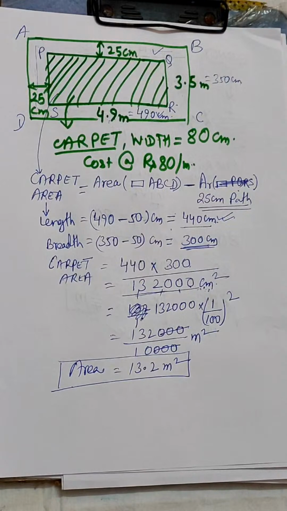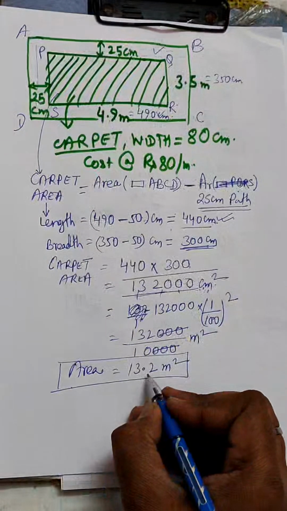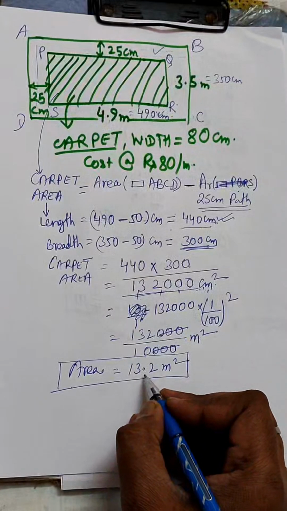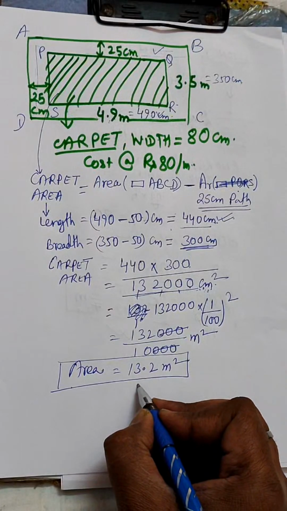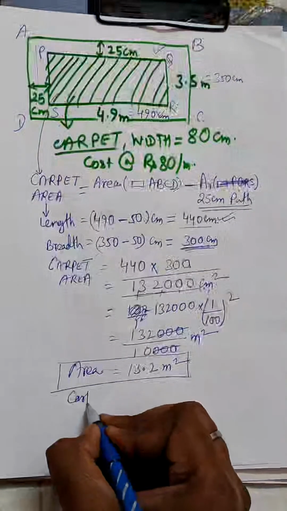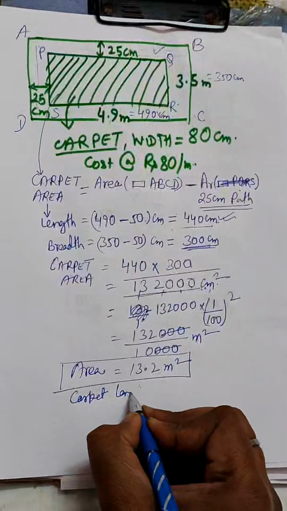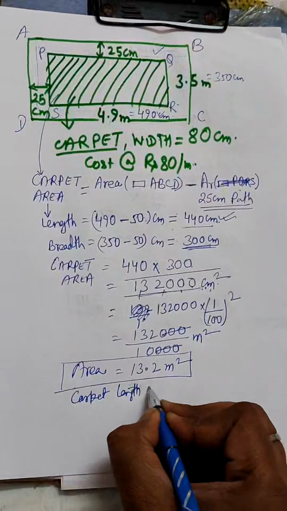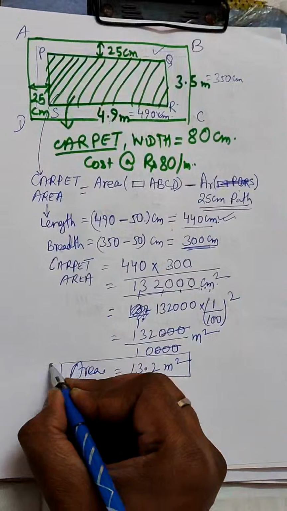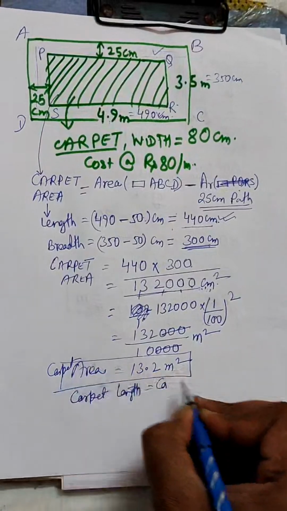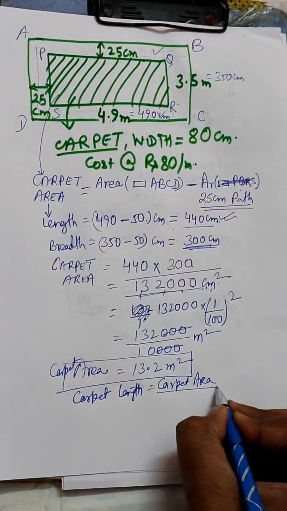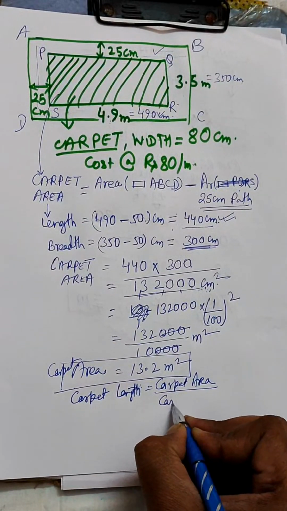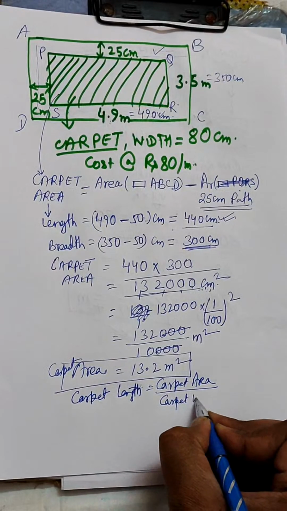It's given that the breadth of the carpet is 80 centimeter, or let's say 0.8 meter. Then how much will the carpet length be? Carpet length is equal to carpet area divided by carpet width.